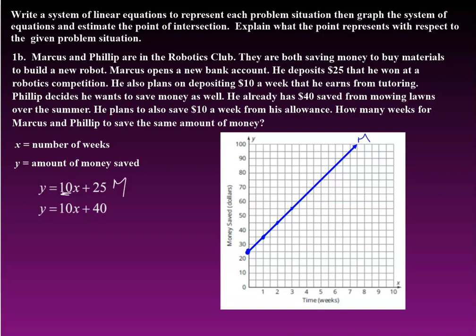And then we want to look at Philip. Right? Philip deposits $40 to start and then $10 every week. So Philip has a deposit of $40 and then it too is going to go up by 10. So we're going to go to the 1 and go up to 50.